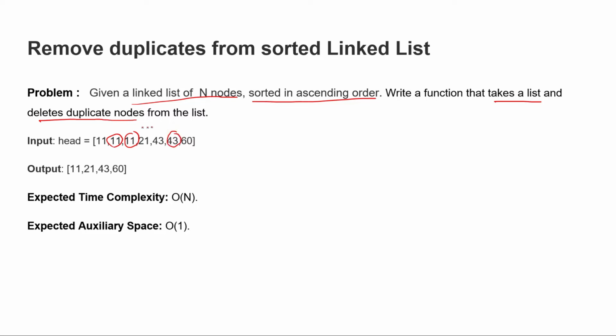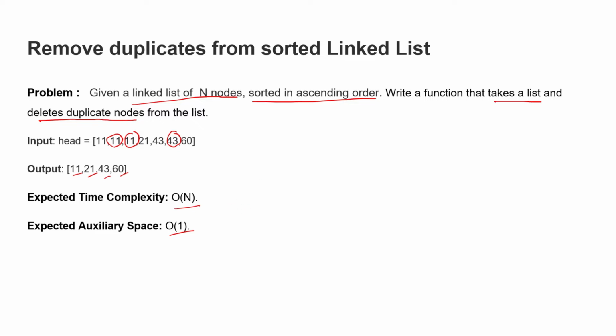We have to remove the duplicates and return the new linked list. In the output you can see only one occurrence of 11, 21, 43 and 60. The expected time complexity is O(n) and the auxiliary space is O(1), so you are not allowed to use any extra space.